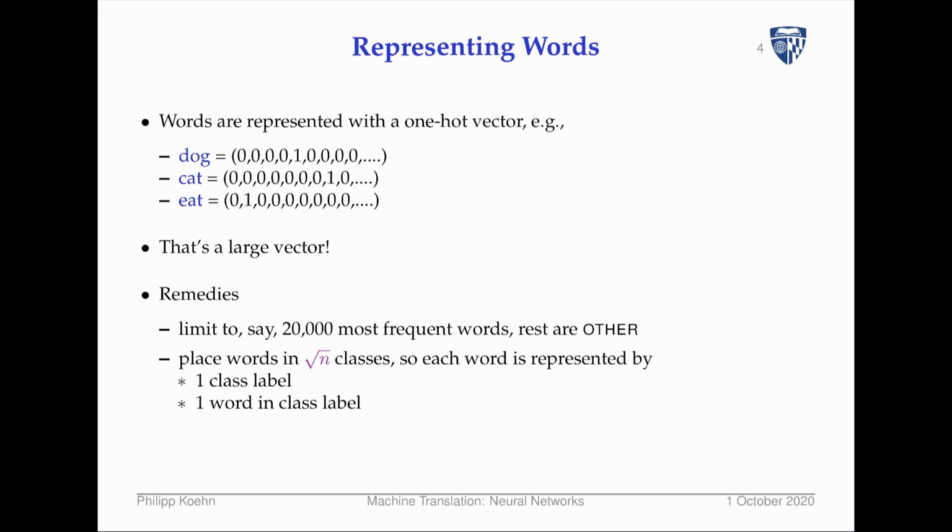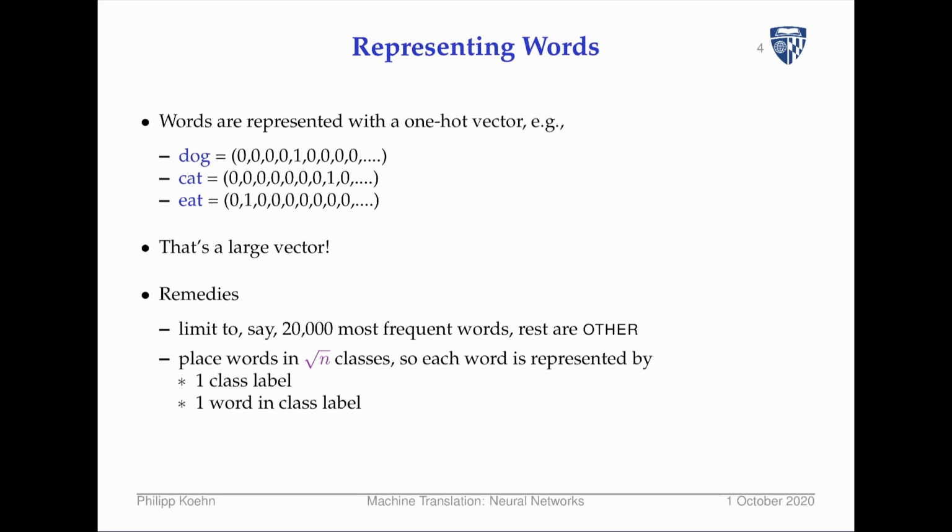It's actually in none of the existing neural models practical to have a vector over the entire vocabulary. So there are various shortcuts that are being taken. I'm hinting at a few here. We're going to revisit the idea of how to represent words for neural machine translation in some future lecture. So here are some quick remedies.